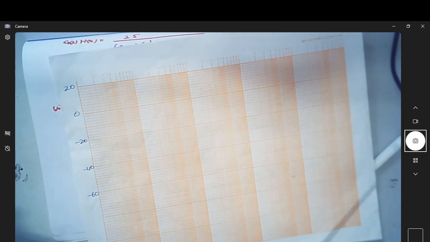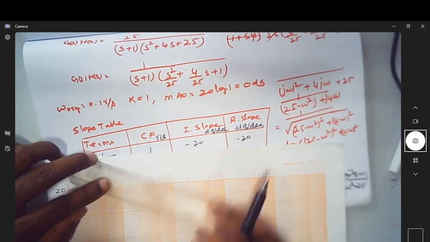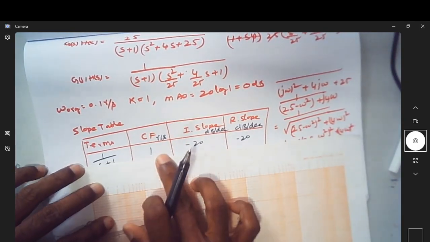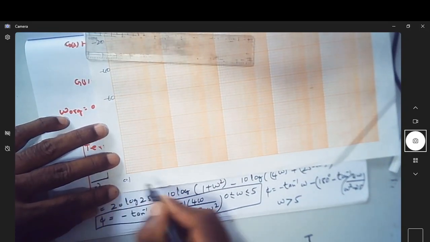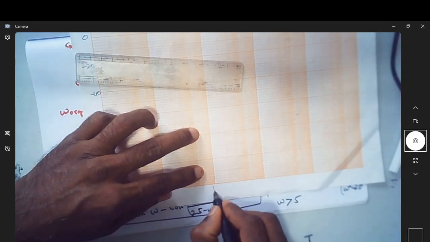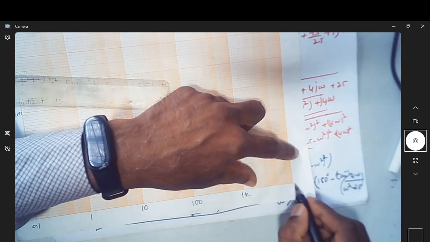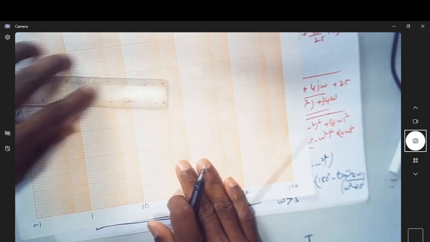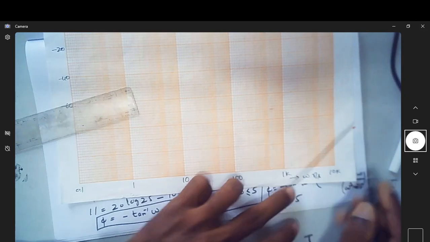Initially the magnitude at the origin is 0 dB. It will be there till 1 radian per second. The axis is 0.1, 1, 10, 100, 1k, 10k. This is omega in radian per second.